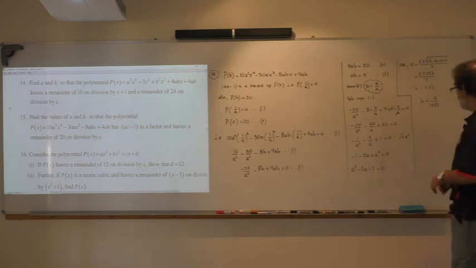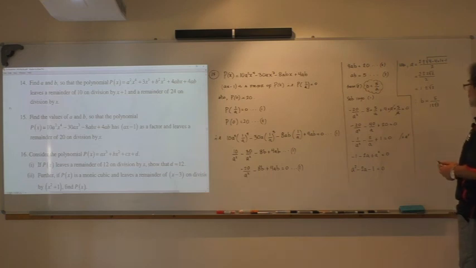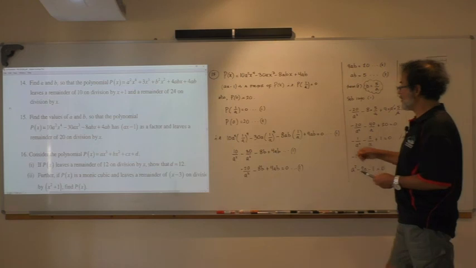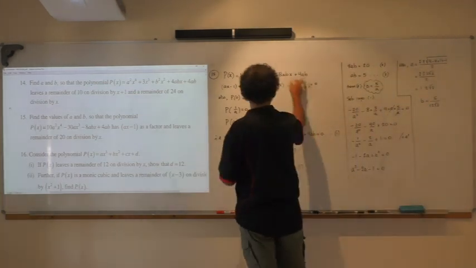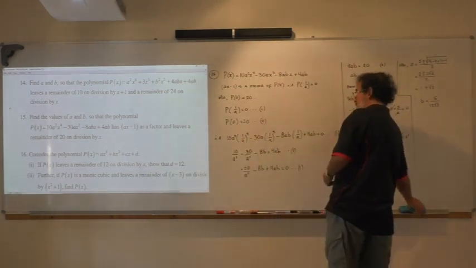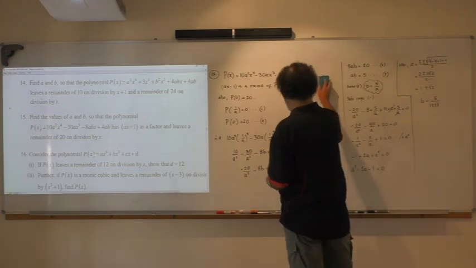Then you put them in pairs, and that will give you the solution for that polynomial. So we already know the answer for a and b, and that is what they want.